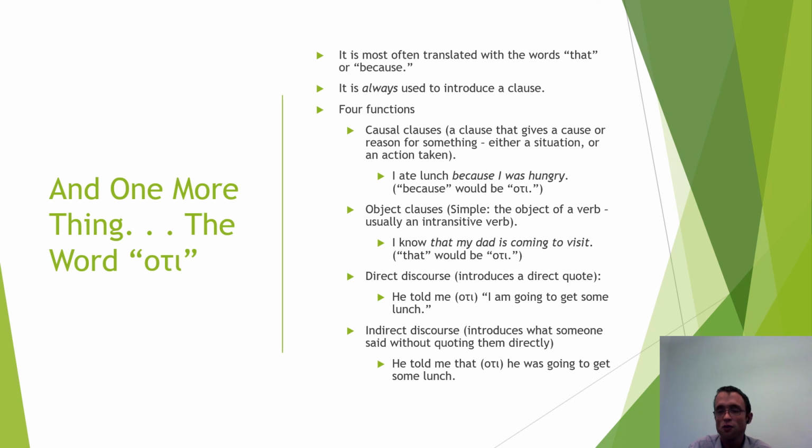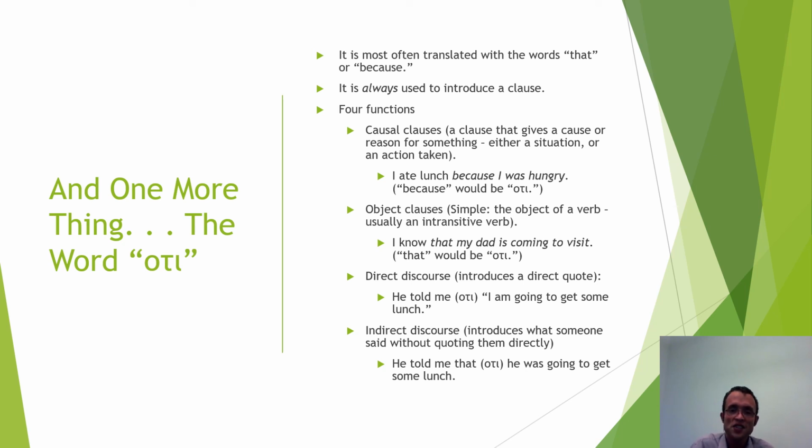Direct discourse. This is where we talk about someone's direct quote. He told me, quote, I am going to get some lunch. He told me, hoti, I'm going to get some lunch. Indirect discourse. In indirect discourse, we're introducing what someone says without actually quoting them directly. This happens all the time. And again, here we're just noticing things about hoti.